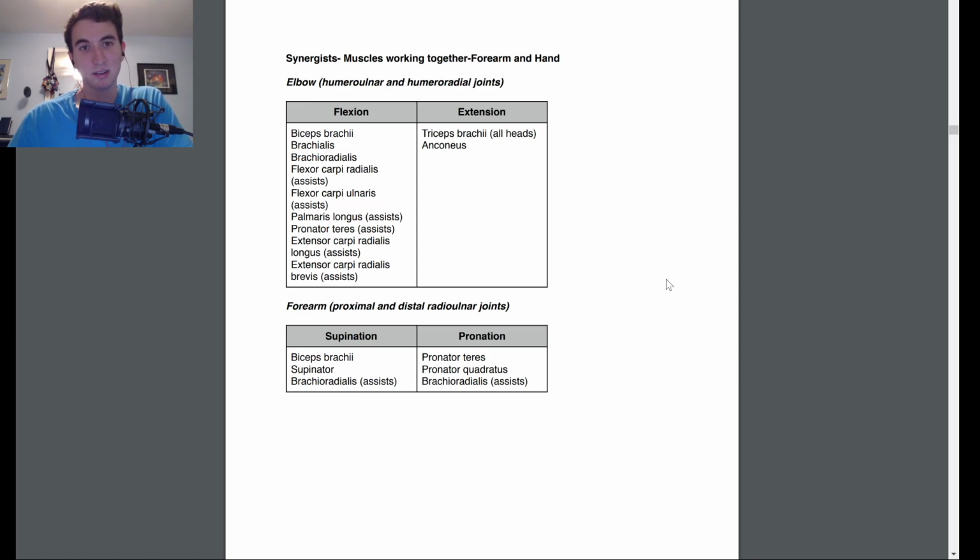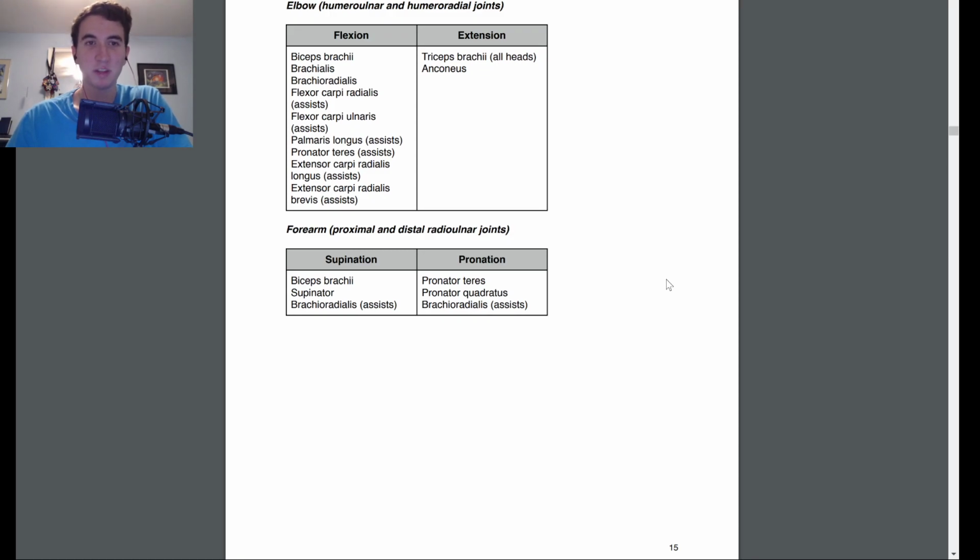The extension is only caused by the triceps brachii, all of the heads, and the anconeus. We use a lot more things for flexion than we do extension. I guess because our arms don't extend that far.